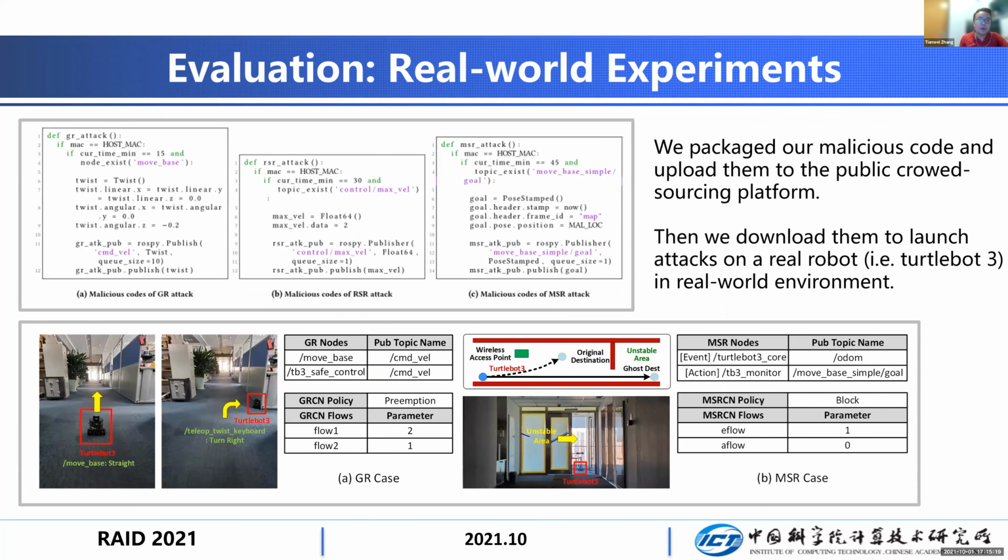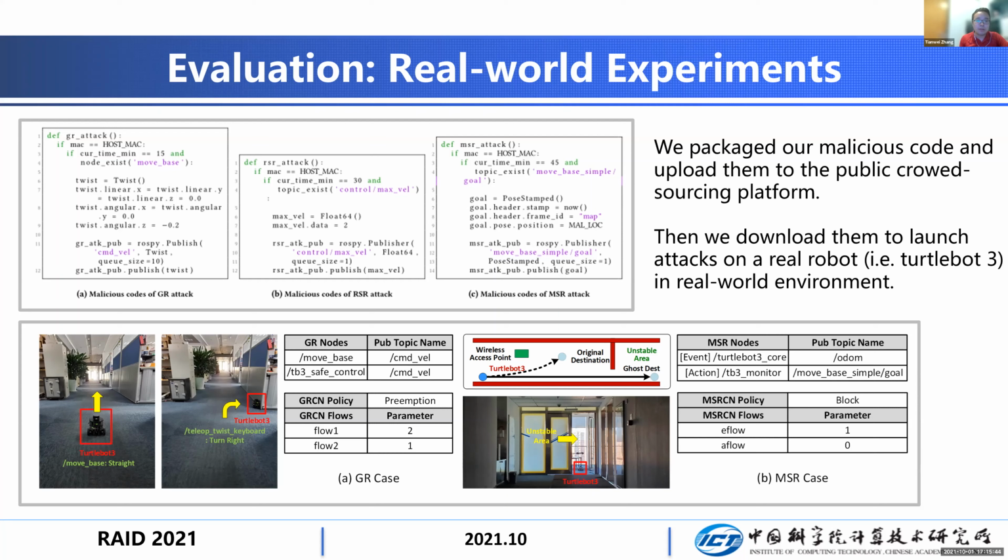We also demonstrate an attack and deploy our solution in the physical world. We package our malicious code and upload it to a public cloud sourcing platform. Then we download these packages to launch our attacks on a real robot device, the TurtleBot 3.